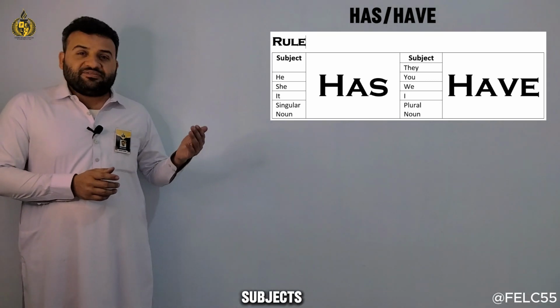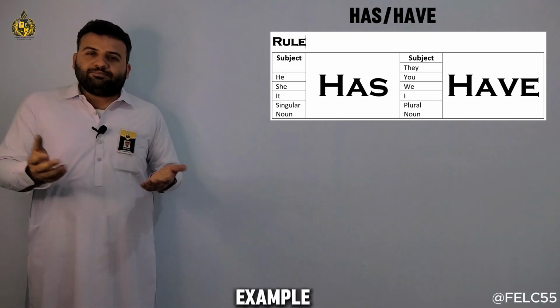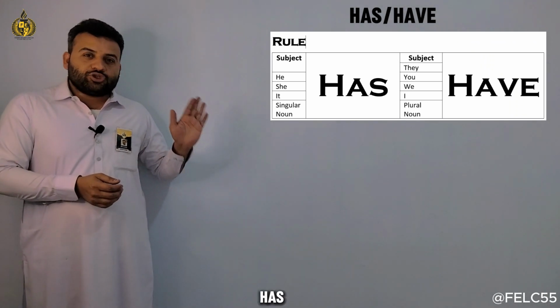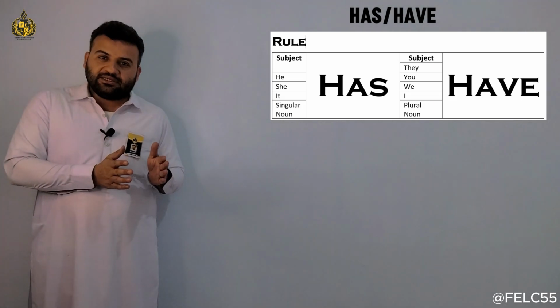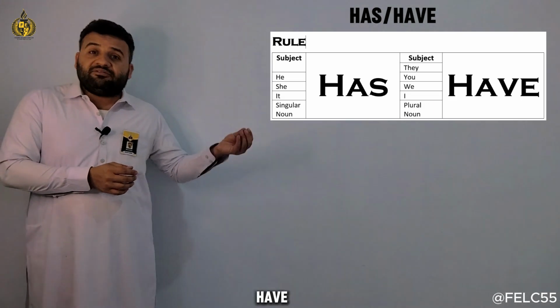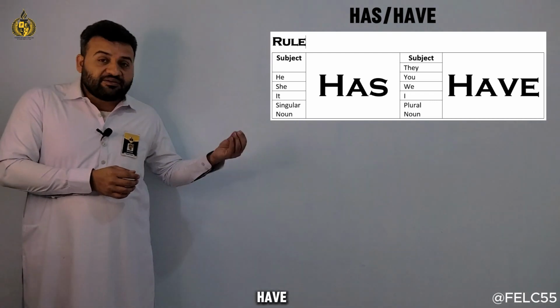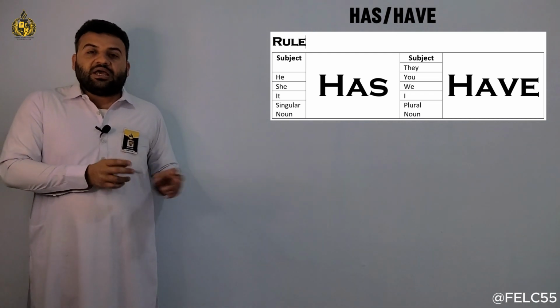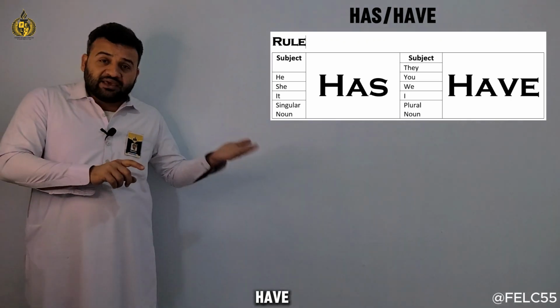So if these subjects are there, they will follow have. For example, he has, she has, it has, Ali has, and they have, not has, you have, we have, and I have. And if there are two names, so Ali and Wali have.